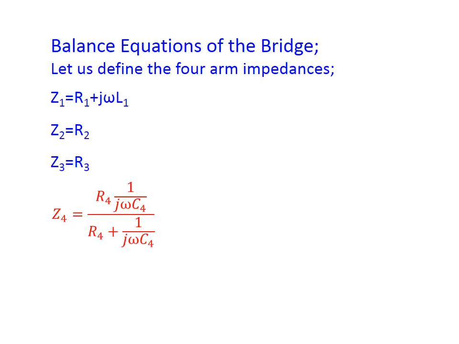omega C4. This leads to Z4 equal to R4 into 1 upon j omega C4 divided by R4 plus 1 upon j omega C4. After a bit of simplification, Z4 equal to R4 upon 1 plus j omega C4 R4.